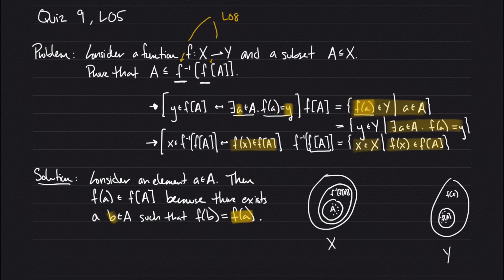Okay. So certainly f of little a is in f of big A almost by definition, because f of big A, as we've said, is the collection of all guys that you get by applying f to all the guys in A. Now we can say that the fact that f of a is in f of big A means that a is in this preimage, just by the definition of being in the preimage.